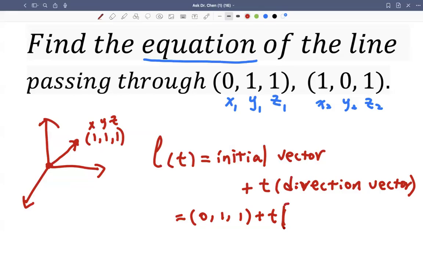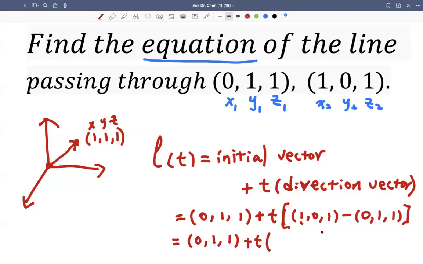So we take 1, 0, 1 and subtract 0, 1, 1. We subtract component-wise: 1 minus 0 is 1. The second component is 0 minus 1, which gives negative 1. Then 1 minus 1 gives 0. So that's our direction vector.